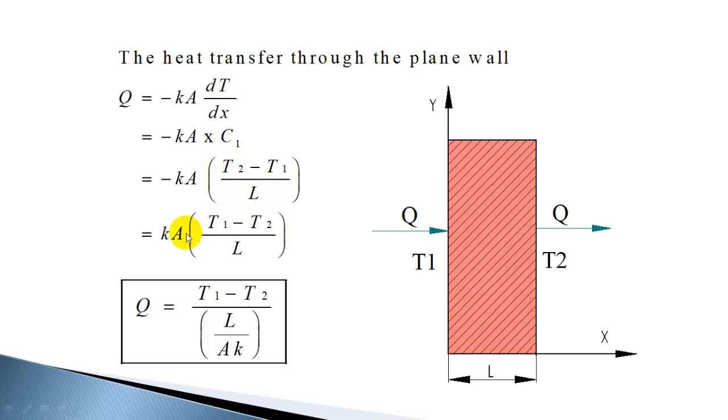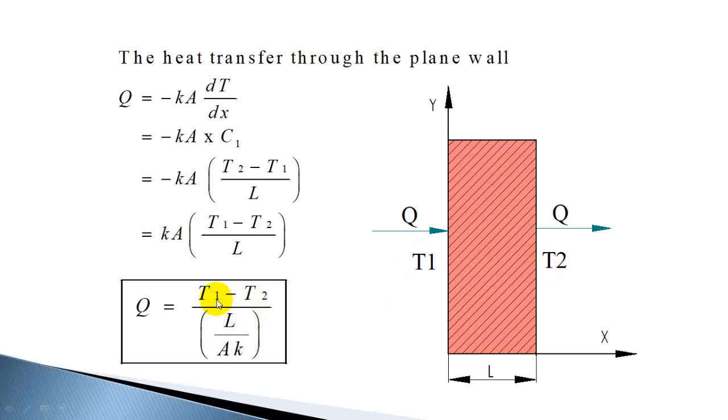Substituting for C1, we get, taking the minus sign inside, you can write K into, and instead of T2 minus T1, now I can write T1 minus T2 divided by L. So taking that KA to the denominator, you can write Q is equal to (T1 minus T2) divided by L by AK.